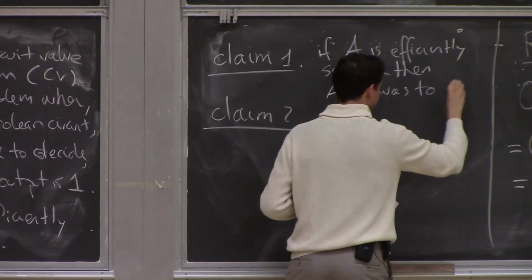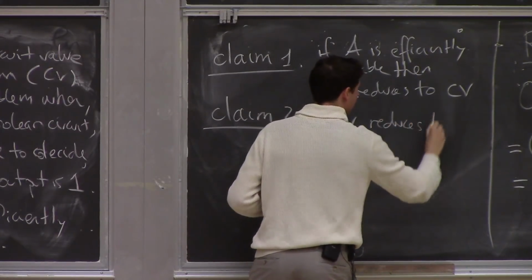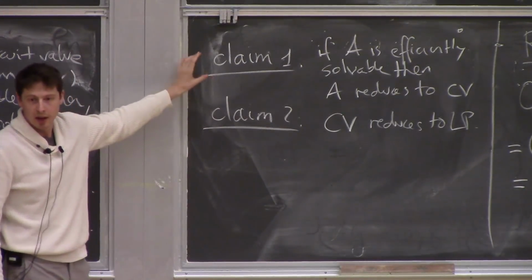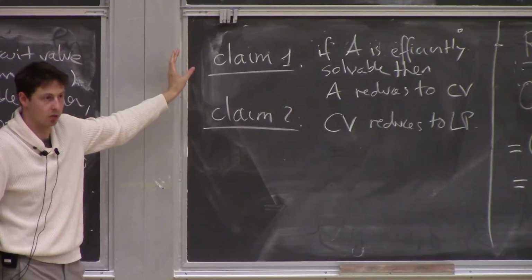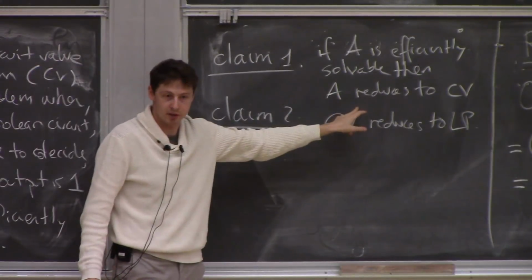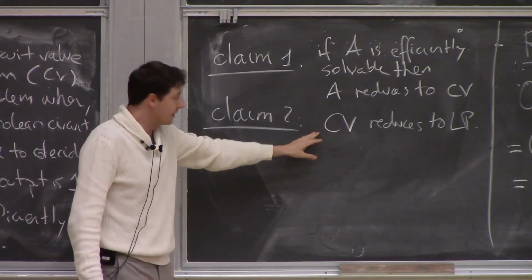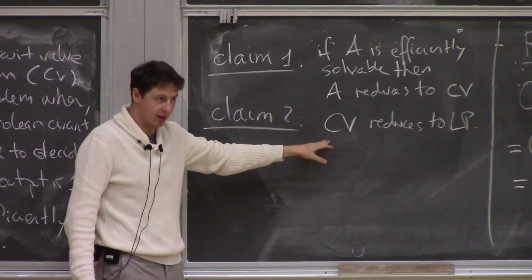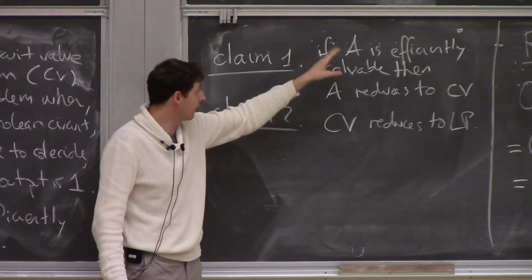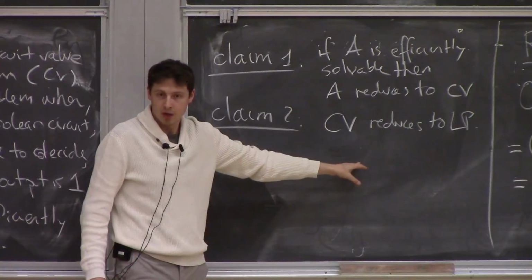And the second claim is that CV reduces to LP. Okay? Is it clear what I'm saying? I'm saying pick some problem A, and let's say that it is efficiently solvable. I don't care what the problem is. Then I claim that that problem reduces to the circuit value problem. And the second claim is that the particular problem CV reduces itself to linear programming. And when I chain these two things together, we learn that everything efficiently solvable actually reduces to LP. Okay? So this we'll prove in a moment.